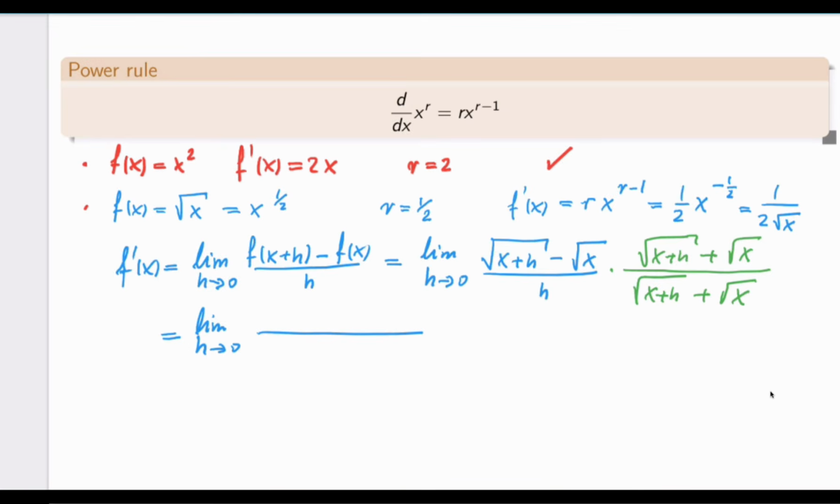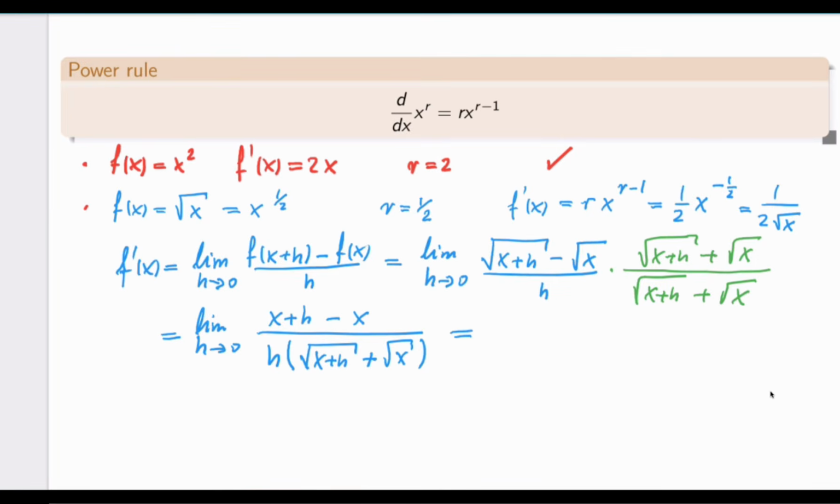So then we have limit as h goes to 0. So we multiply this out in the numerator. Then we get the square, which is x plus h, minus x. And then in the bottom we have h times square root of x plus h plus square root of x and bracket closing.